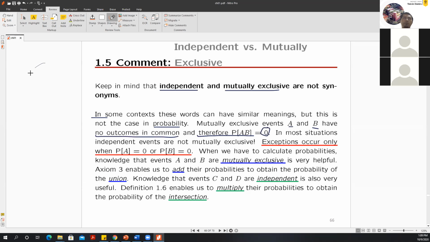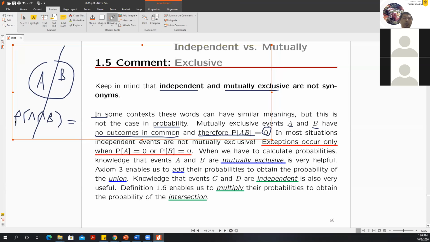You remember that mutually exclusive looks like this. This is A, this is B. You can see that the intersection between A and B is null.